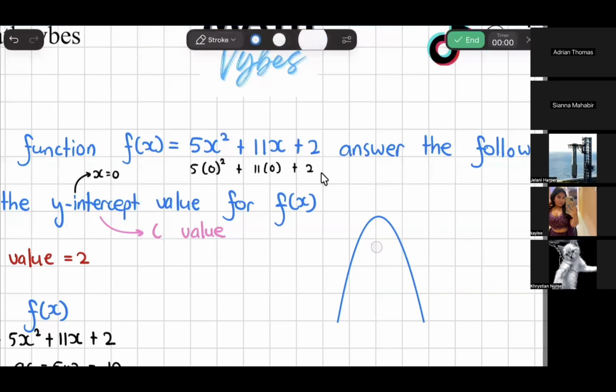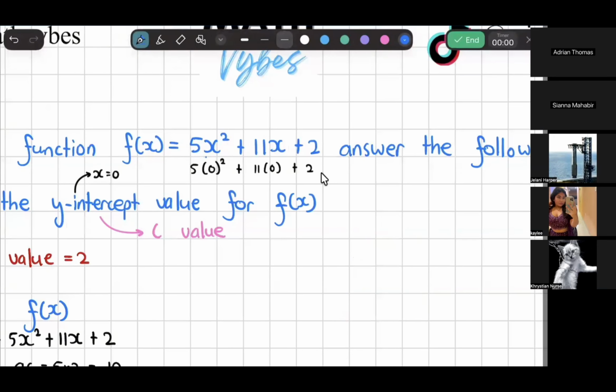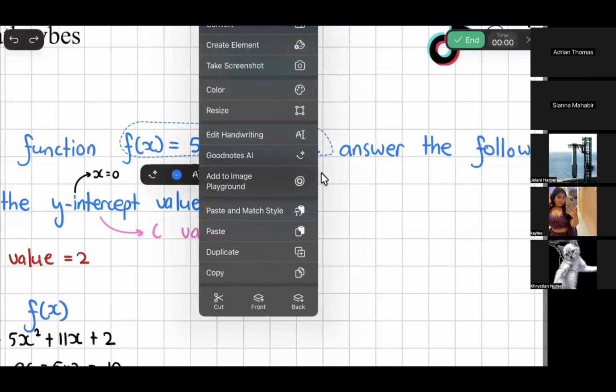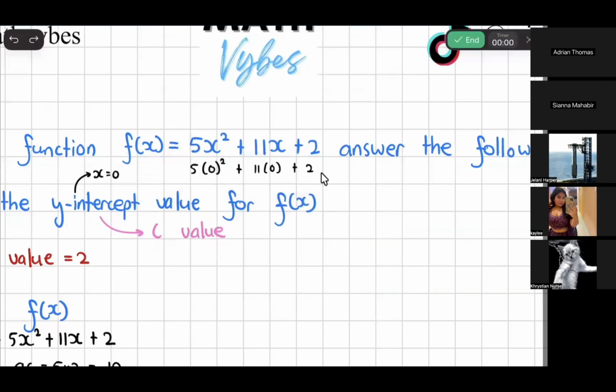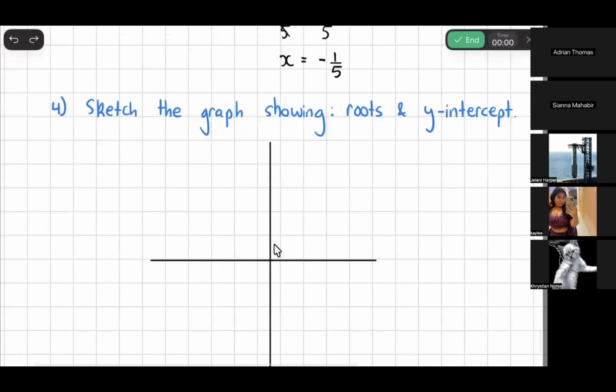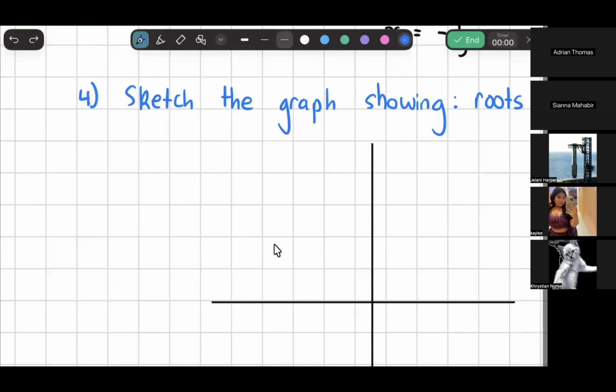Christian, Adrian, guys, what is the value for A in this quadratic? 5, sir. Adrian, what is the value in front of x squared? 5. So we'll say that as the coefficient. The coefficient is the number in front of the variable. So 5. Is that a positive number or a negative number?